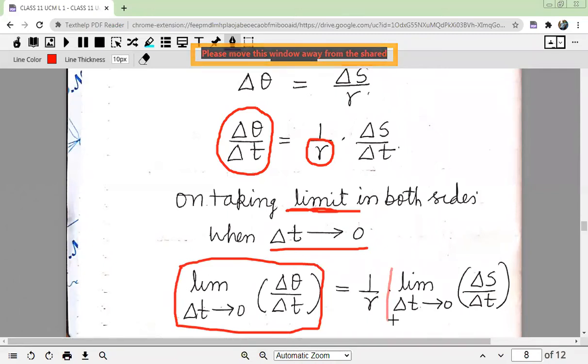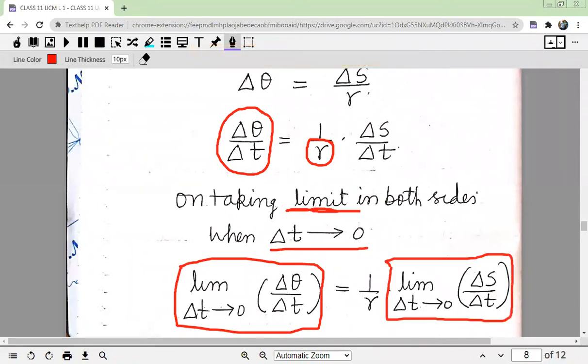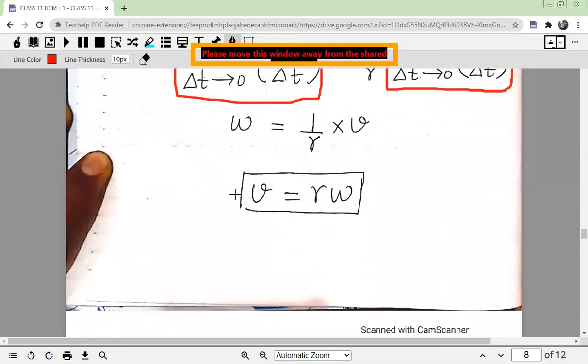This is the instantaneous linear velocity, ds upon dt, represented by v. So omega equals v upon r, that is v equals r into omega.